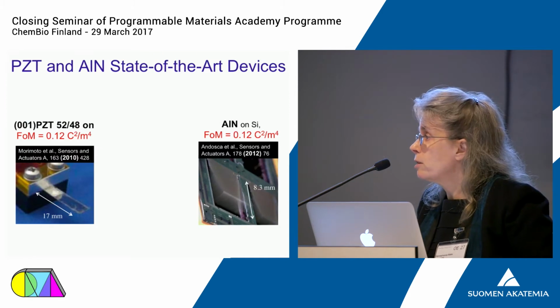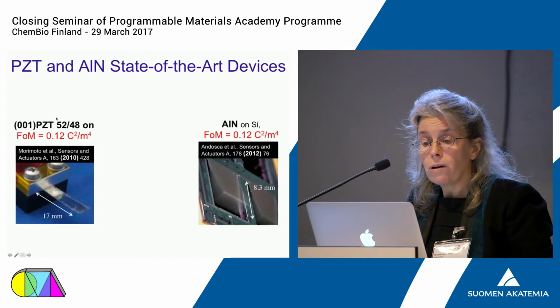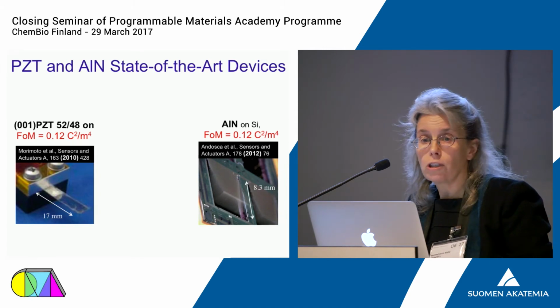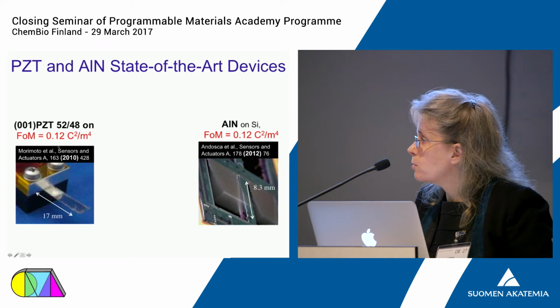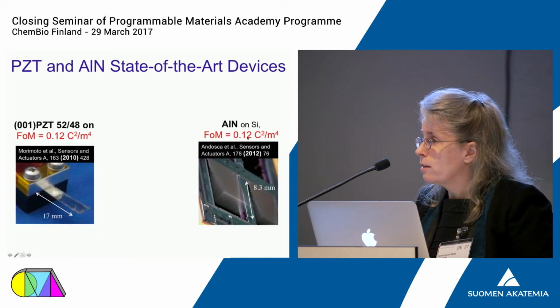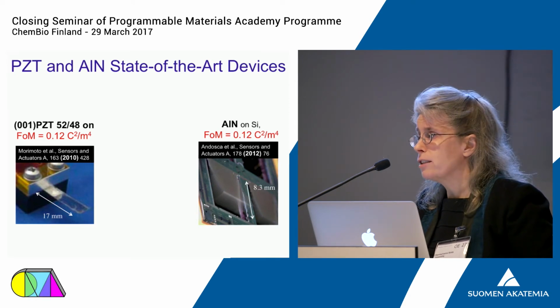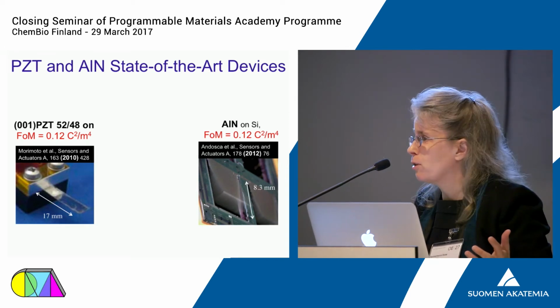And if you look at the literature to see what we should choose, you can take a wonderful piezoelectric material like lead zirconate titanate, which has a very large piezoelectric coefficient and a large dielectric constant. It has a figure of merit of about 0.12 coulombs squared per meter to the fourth. Or you could take a material like aluminum nitride, which has a terrible piezoelectric coefficient and a really small dielectric constant, and you get the same figure of merit, and that's just depressing.